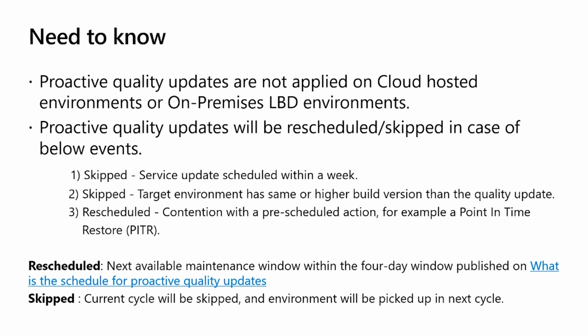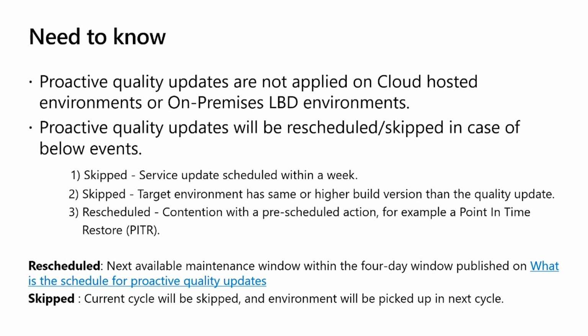Now, moving ahead, we have some scenarios where these updates can be skipped or rescheduled. So before we go into those scenarios, let me explain what we mean by rescheduling or skipping these updates. As I said, we have a 3 days window for applying these quality updates.